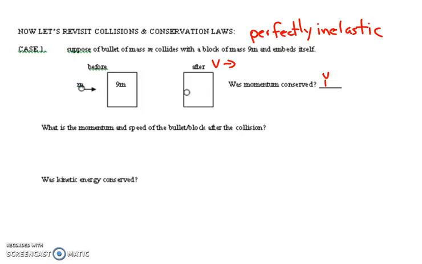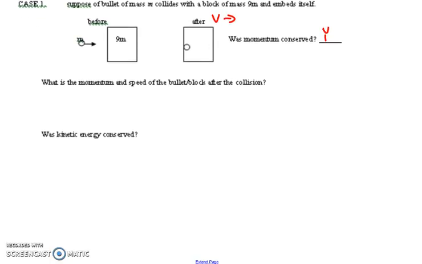So what was the momentum and speed of the bullet-block after the collision? All right, that's a problem we should be fairly comfortable with. We've done that before. Okay, so we've got to say sigma p equals sigma p prime. So let's look at our before. Before, we have a mass of m moving with a velocity of v. By the way, this block had an initial velocity of 0, so it was just sitting there.